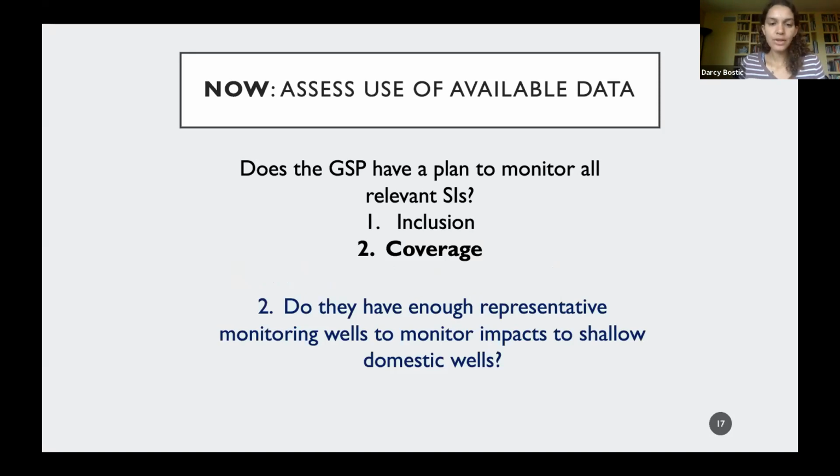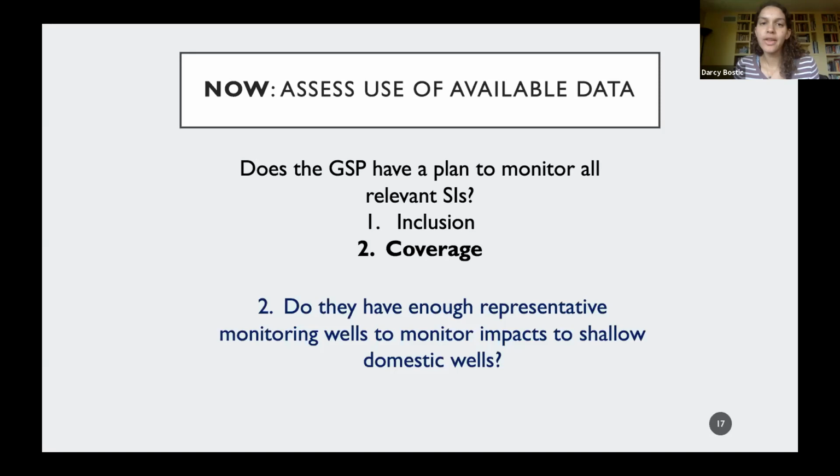And then the second component of this first question is coverage. So once they're including every sustainability indicator, are they doing it with enough coverage? Do they have enough monitoring wells within their system? For example, do they have enough representative monitoring wells to monitor impacts to shallow domestic wells?